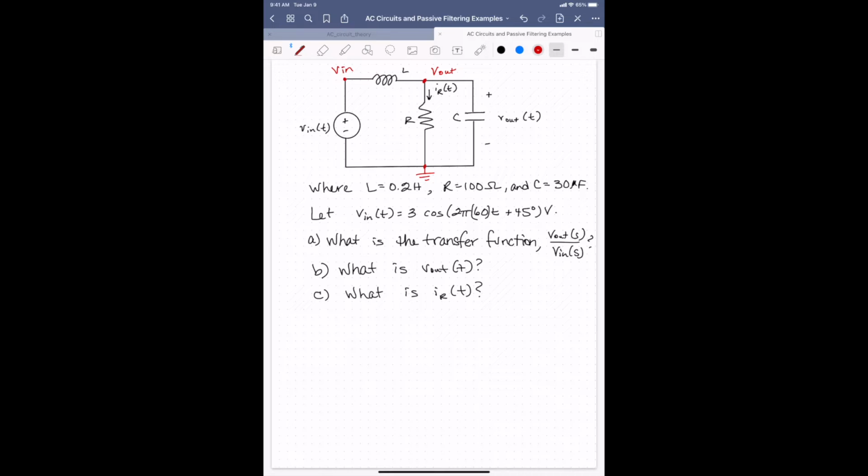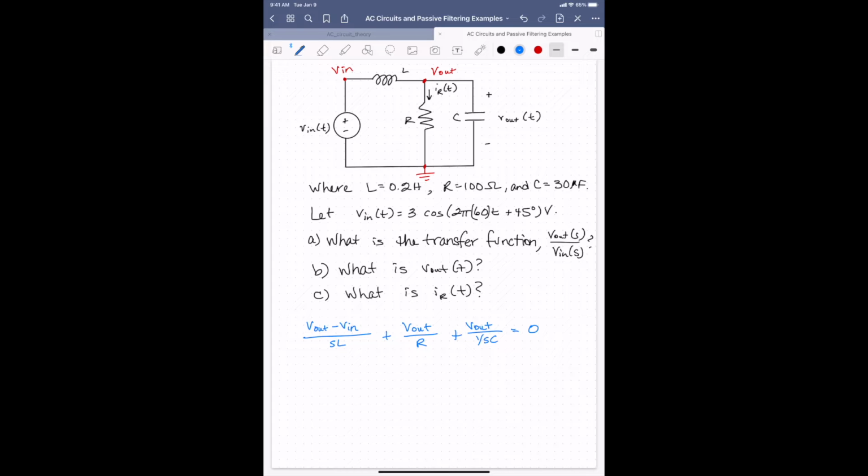So if we do nodal analysis at this node, then what we're going to have is V out minus Vn, and I'm doing this all in the S domain. So V out minus Vn over the impedance SL plus V out minus 0 over R plus V out minus 0 over 1 over SC, and that will be equal to 0.